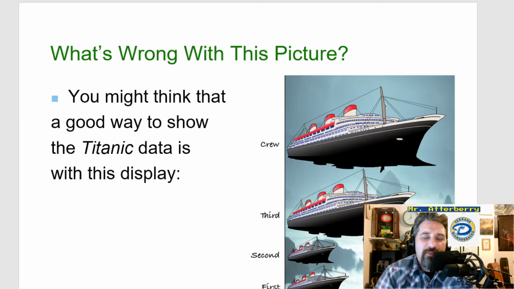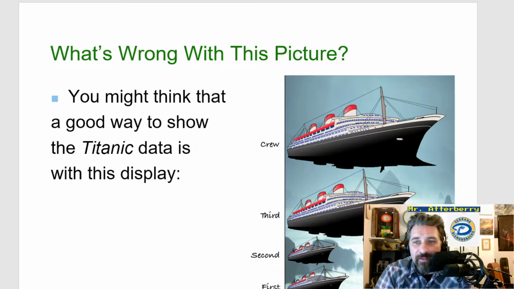So what's wrong with this picture? You might think that a good way to show the Titanic data is with a display that looks like this. There were more crew members than third class ticket holders, and there were more, it looks like, first class ticket holders than second class ticket holders. But what is wrong with that picture?